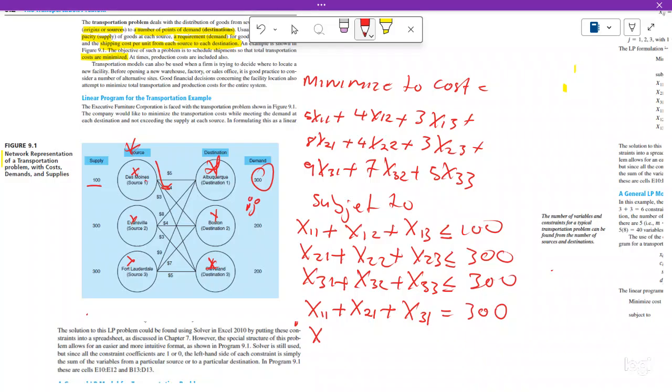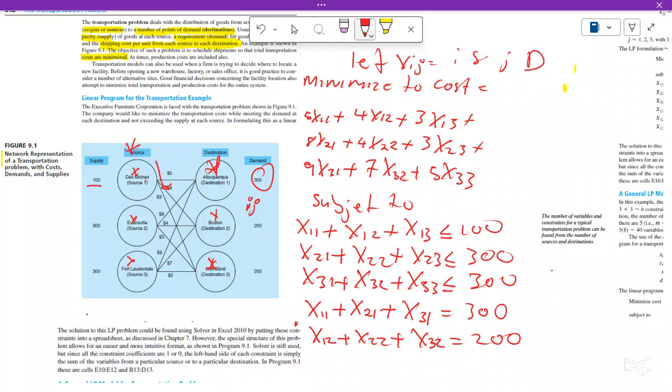It's going to be x12 plus x22 plus x32 equals to, all right, I like saying let xij here be, obviously i is the supply and j is the demand.